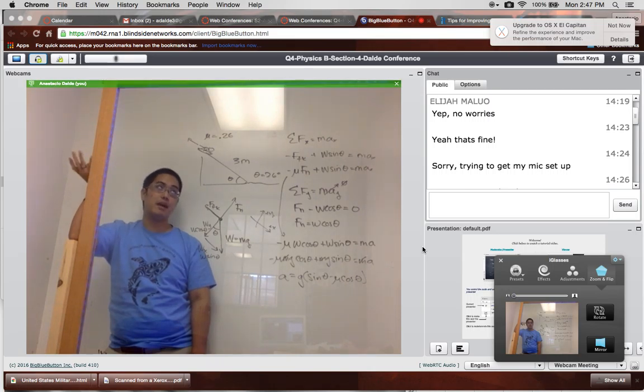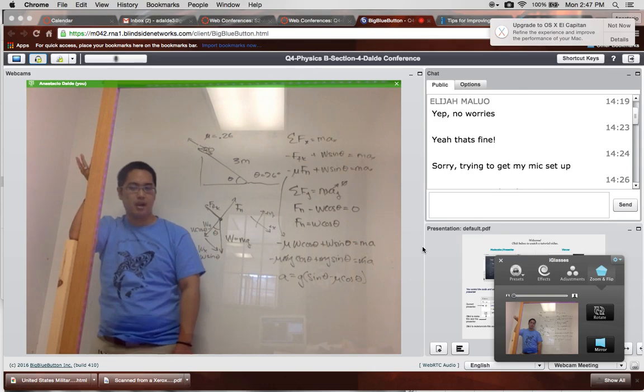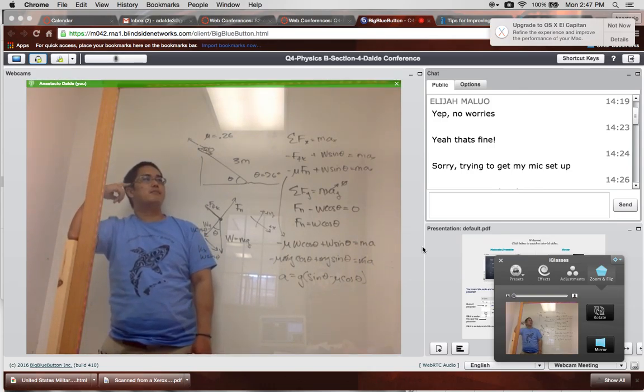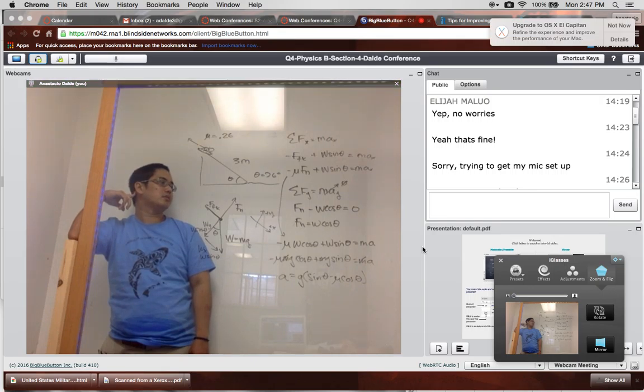The weight, or the mass of the object that's on the board. A greater mass on the object would cause more friction, right?